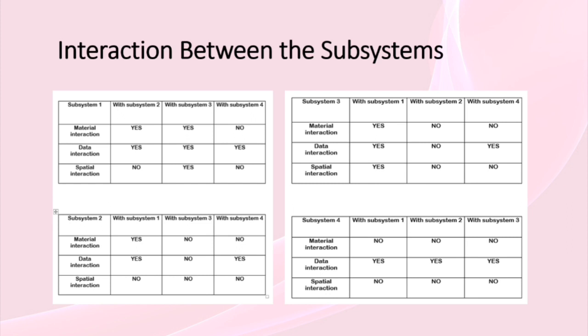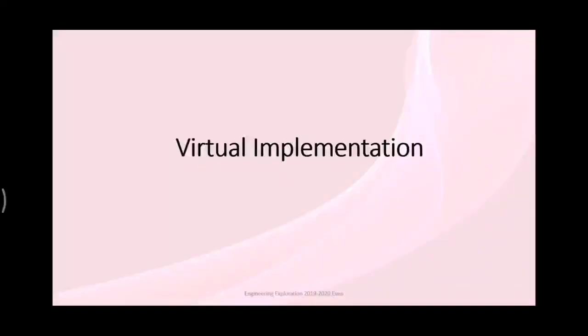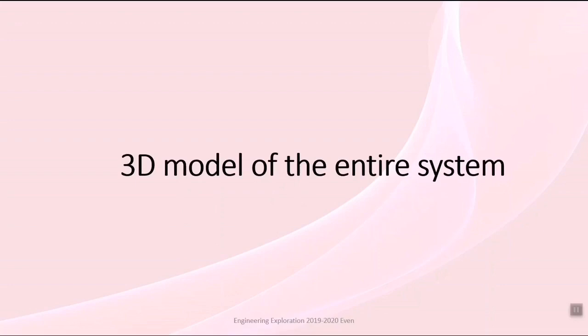However, in our case, the interaction is restricted to data and material interaction. Virtual implementation: having identified each subsystem, we started visualizing it by developing a 3D model using the software Autodesk 2020. This is the 3D model of the entire system.